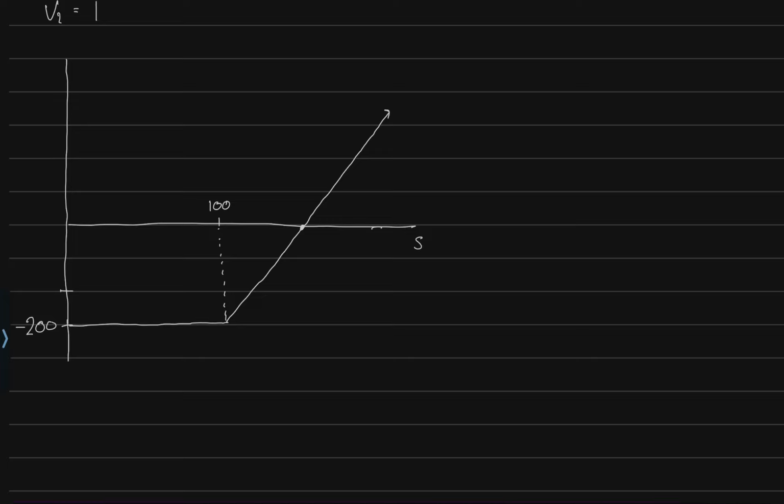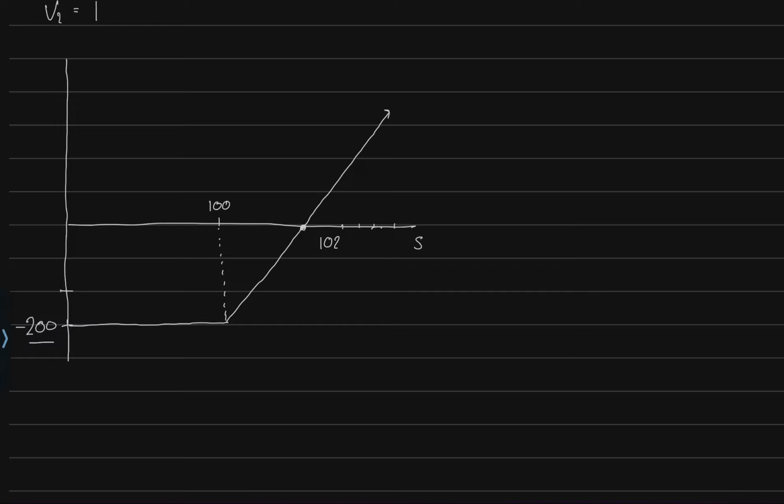And since every contract is 100 shares, I would profit $200, which would break even with the premium that I paid. So this break-even point is going to be $102. And anything after $102, I would make profit as a buyer.